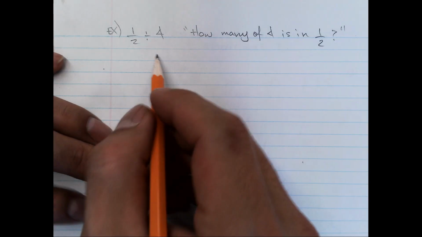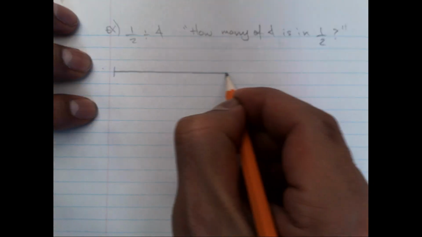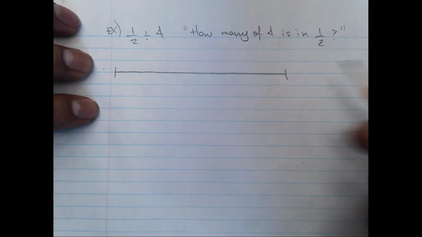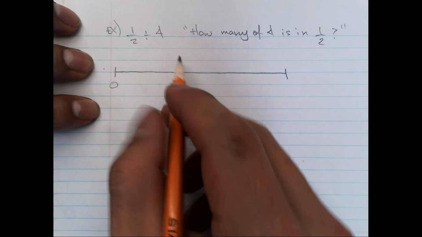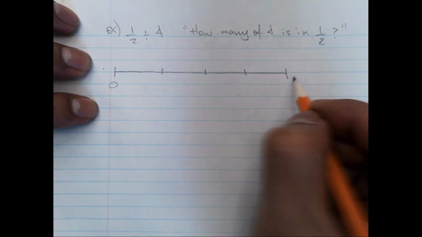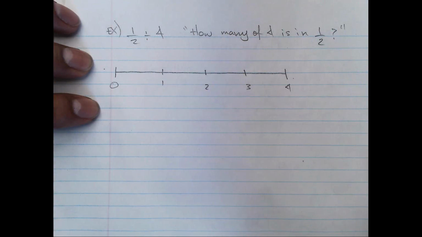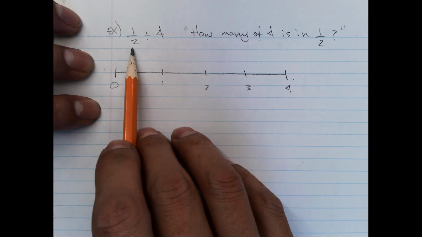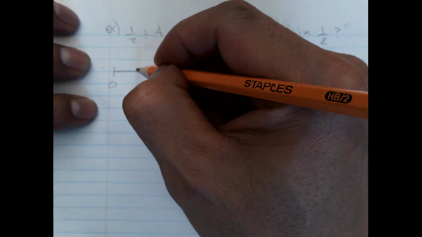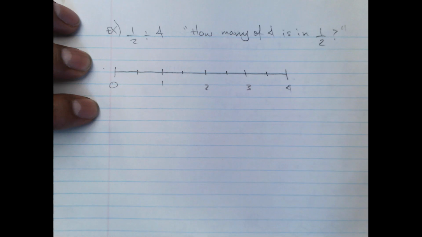Well, what is that supposed to look like? Well, let's draw our number line. What's our whole number? It's 4. So we're going to count up to 4. 1, 2, 3, and 4. Okay? And so what is the fraction that we're using here? Well, it's using halves. So we're going to cut each of these in half.